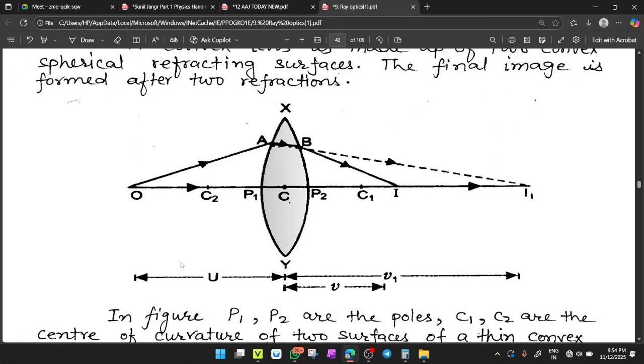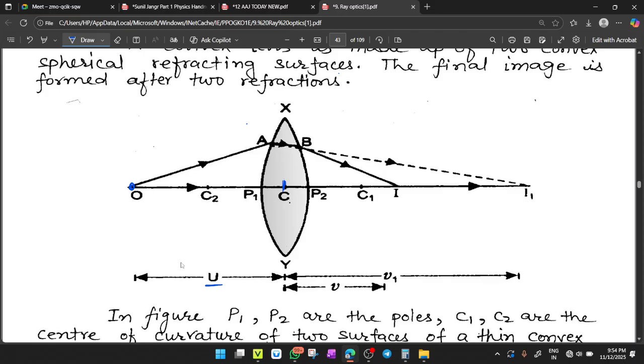So first, what is O? O is the point object here, and the distance of the point object from the optical center is equal to u.